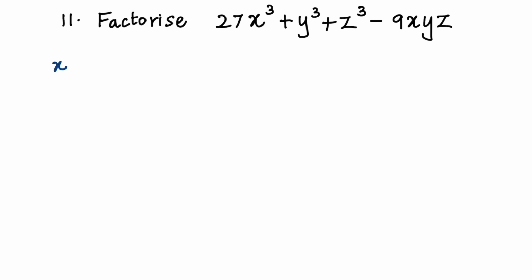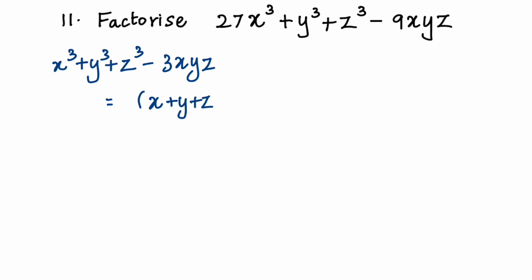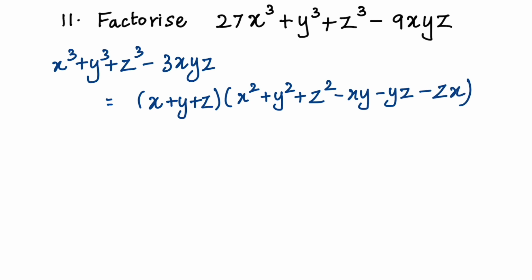The identity goes like x cube plus y cube plus z cube minus 3xyz, which is equal to x plus y plus z into x squared plus y squared plus z squared minus xy minus yz minus zx.